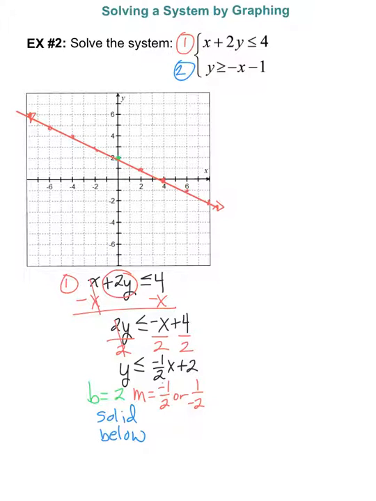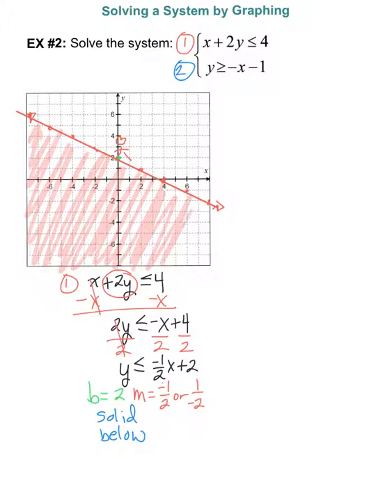Okay, so then my shading, let's say that I were to drop myself onto the line from above. I would land on this side of the line. So below me would be all of this. So that's the first equation. The second equation is already solved for us. Yay, less work.